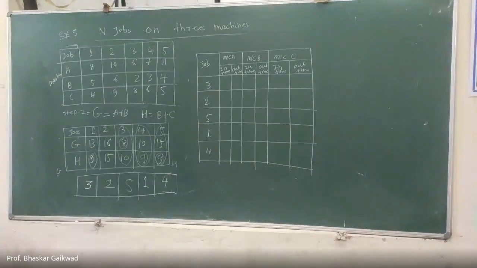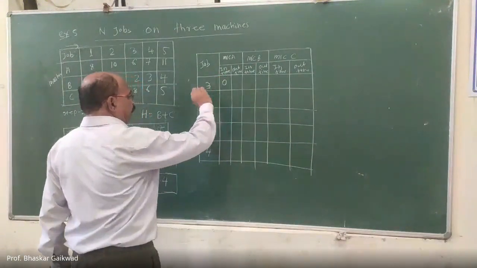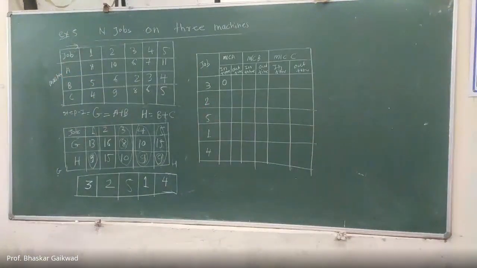So here in time, out time, in time, out time, like this every machine is given. So initial time for a machine is 0, means there is no processing, initial will be 0. And after how much time will these jobs come out?